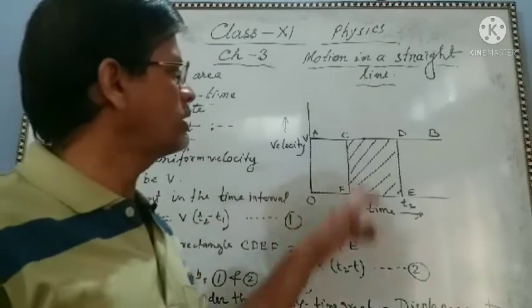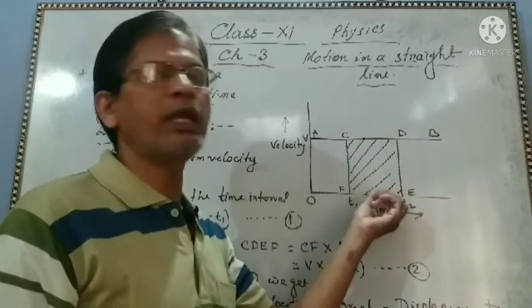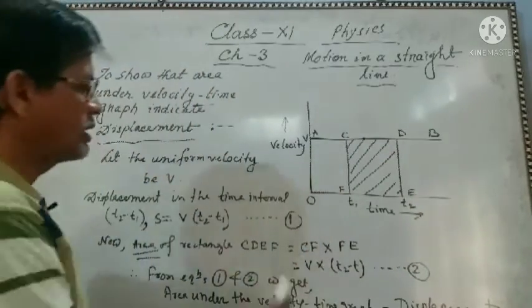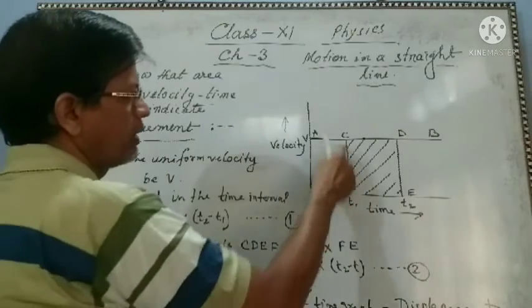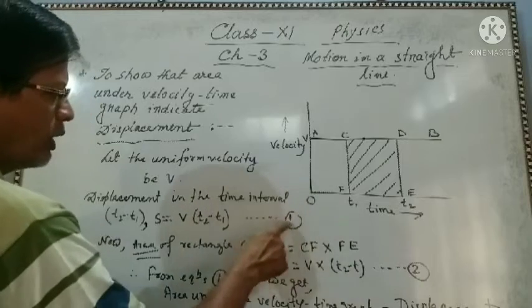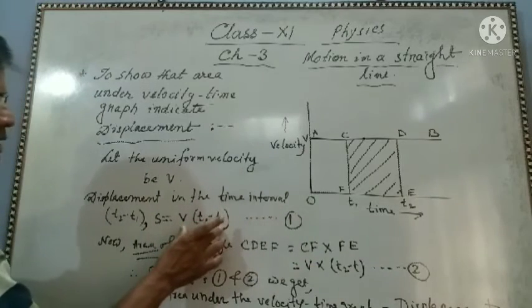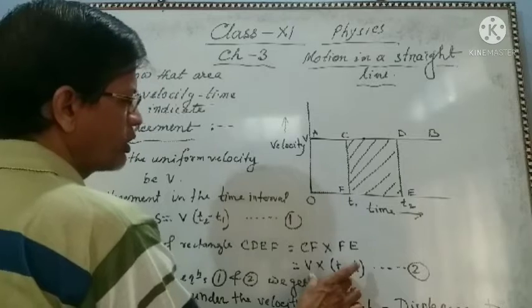Now the question is, what is the area under this graph? That means what is the area of the rectangle? Area means length into breadth. Length is V, breadth is t2 minus t1. Now you see, from equation 1 and 2, the right hand side is V into t2 minus t1 in both.